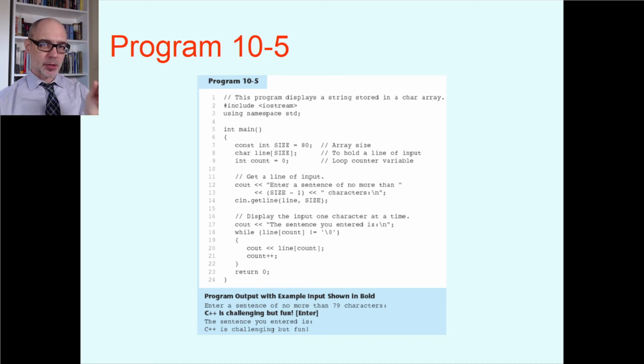Print the first character, and to control this, you're going to have to use a while loop looking for that null terminator. So it starts off and, well, if line[0], that was the first character, is not the null terminator, then just go and print that first character, line[0], and then increment count up to 1. You come back.